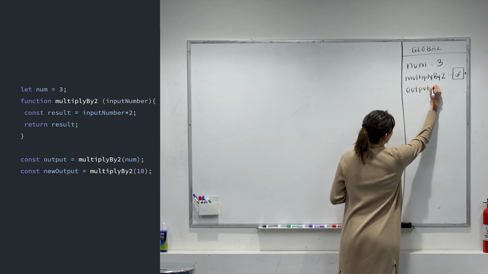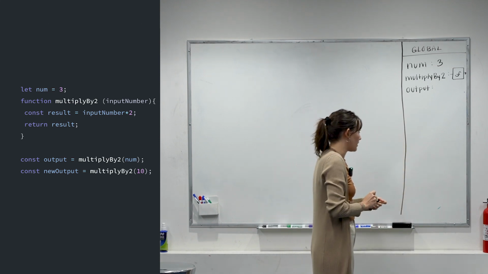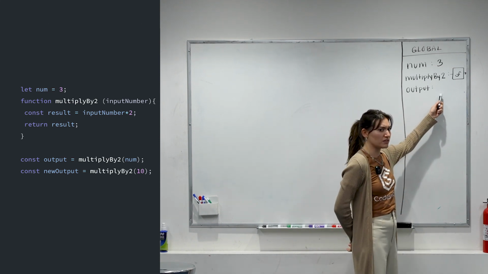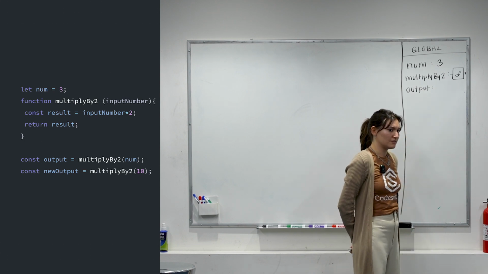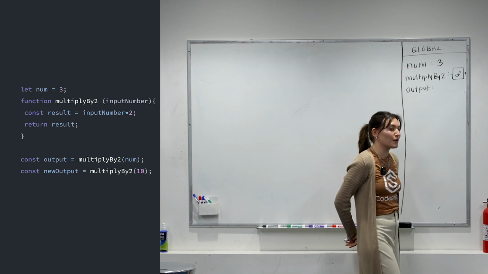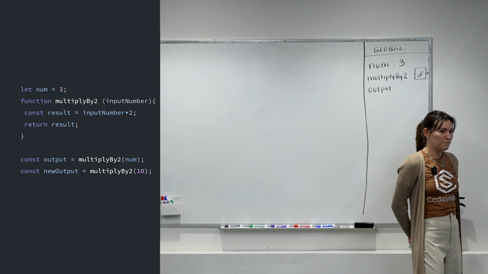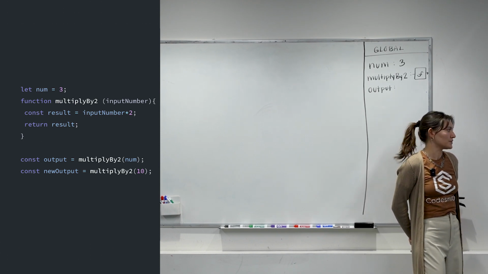And right now, Dennis, do we know what the value of output is going to be at this very moment? Let me rephrase that. Does our computer know what it's going to be? No. Absolutely.